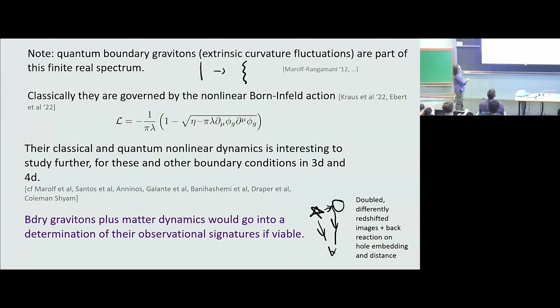As a result, they fit into the square root dressed energy spectrum, which at the quantum level is finite. Okay, so there's probably more to say about that, but this is the bottom line for these modes.